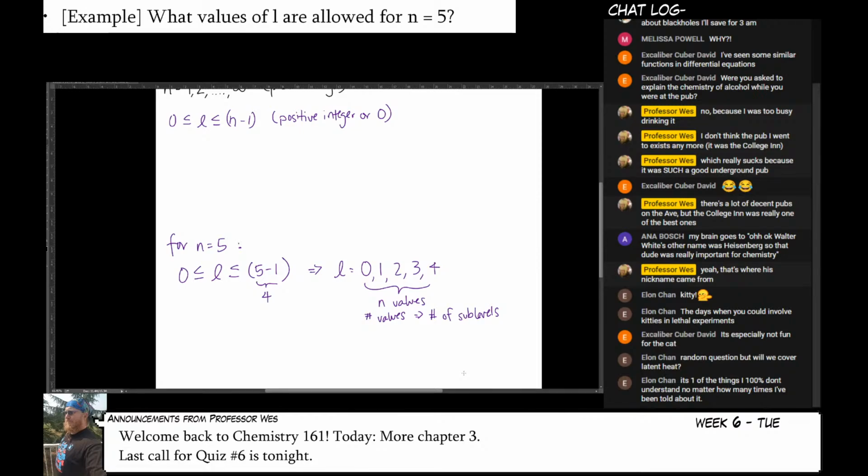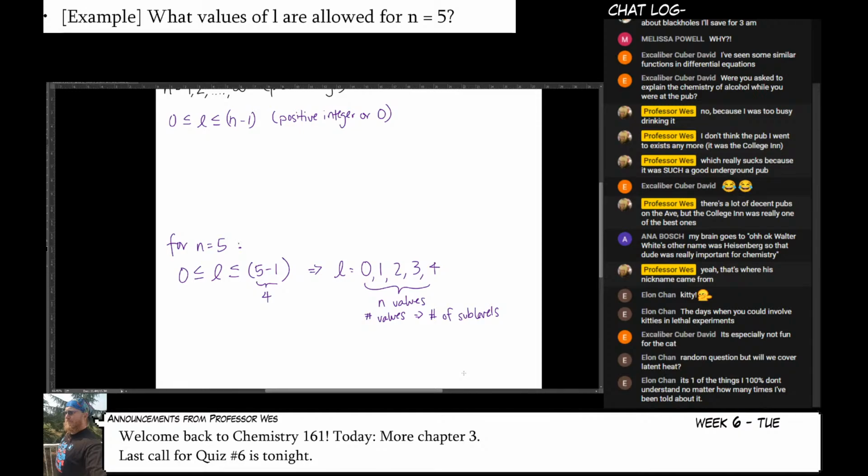You could think of this as if n equals 5 was a giant building. Each L is a different floor in that building. So on floor 0, electrons could be in there. On floor 1, electrons could be in there. On floor 2, electrons could be in there, and so on and so forth.